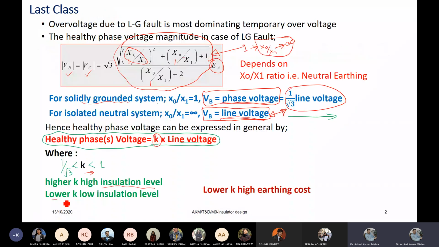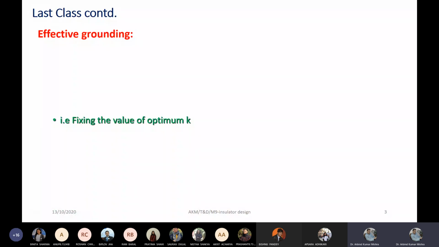To make this K lower, we have to invest more in earthing costs. So there is always a compromise: whether to invest more on the earthing or more on the insulation. We need to make that compromise, and that compromise is known as the effective grounded system.